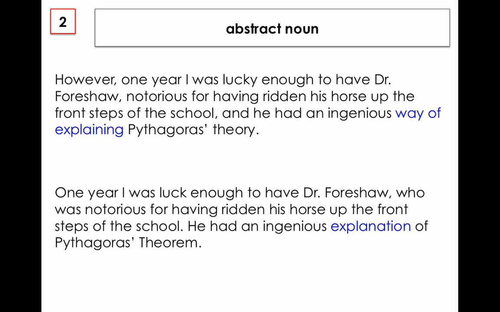The word explanation is an abstract noun, so the verb explain, a way of explaining, a way of doing something, the verb explain has been turned into an abstract noun. Oh, and I haven't said anything about the fact that the sentence has of course been divided in two in the second version, with a full stop after the relative clause.